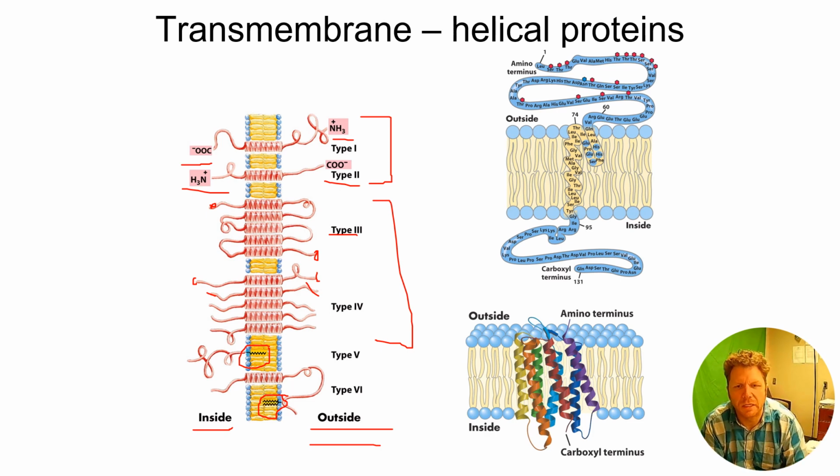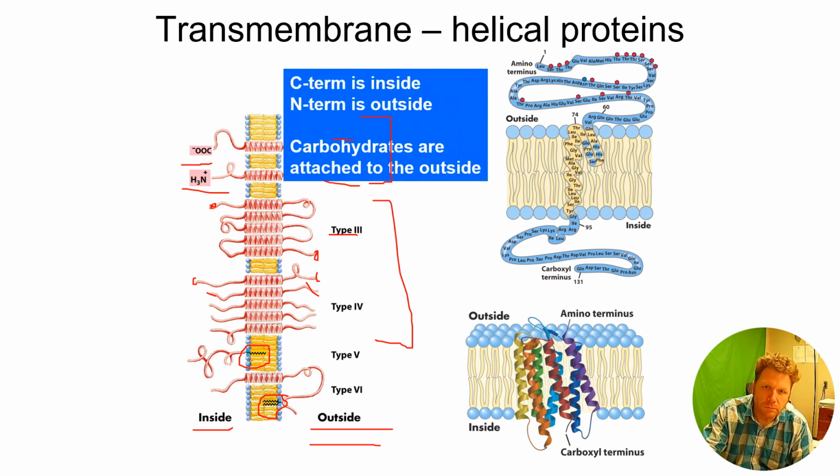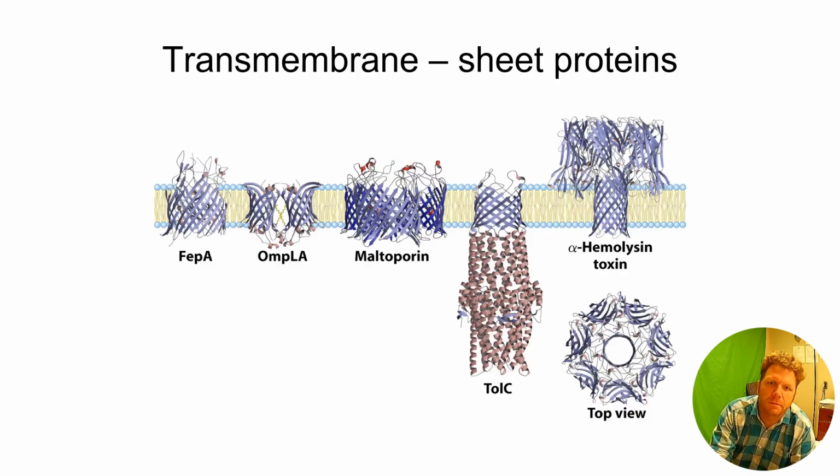So these two proteins are anchored into the membrane with the help of a lipid, but type 6s also have an alpha helix that anchors them to the membrane. So our differences between type 1 and type 2 is the C termini or the N termini of those proteins. Where is it? Type 1, the C termini is on the inside and the N termini is on the outside.